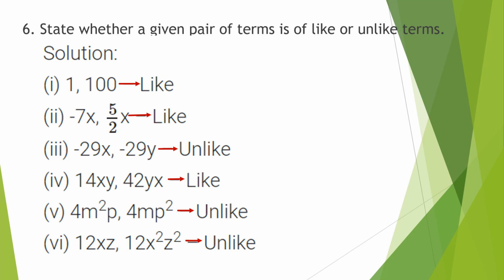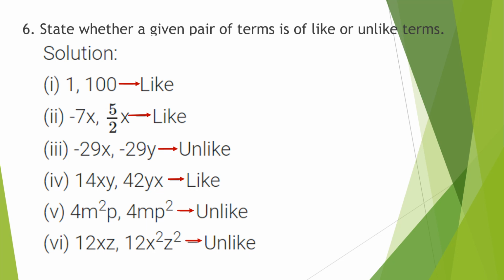And in the third question, minus 29x and minus 29y. Both variables are different, so it is unlike terms. And in the next one, 14xy and 42yx, both variable and its powers are same, so it is like term.